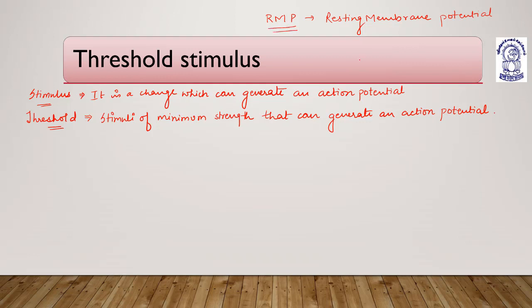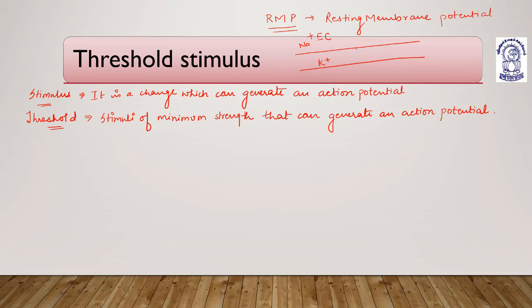Resting membrane potential means, when we talk about the extracellular and intracellular compartments of a nerve, the sodium ions are more in the extracellular fluid in comparison to the intracellular, and the intracellular part has more potassium ions in comparison to extracellular.